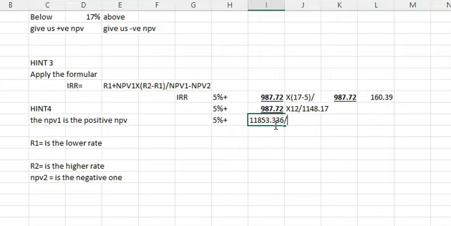So this is divided by that amount which is down there. So when you divide, here we have 5% plus. When you divide these, they give us 10.32.